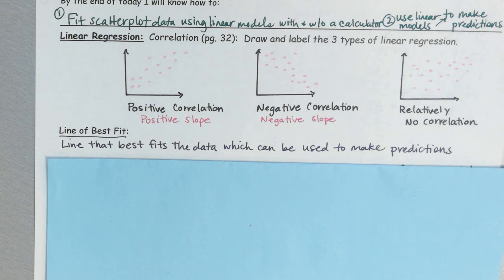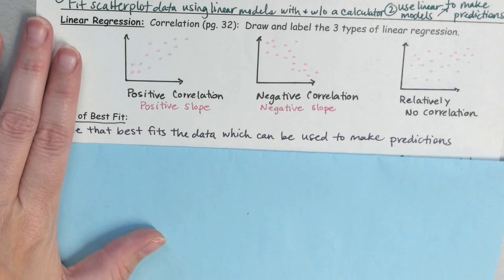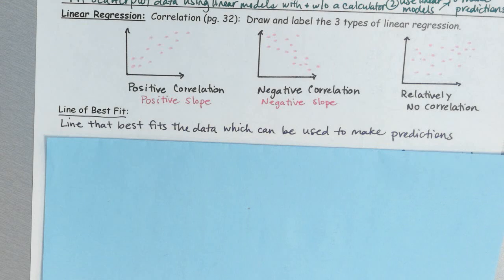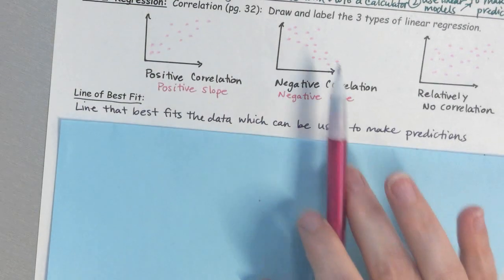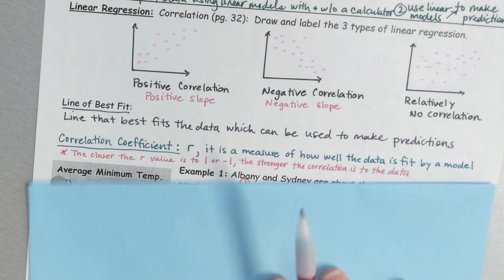Now, once we create the line of best fit, there's something called the correlation coefficient, and that's going to tell you how strongly the data is related. So positive is going up from left to right, negative is going down, and then these are scattered all over.